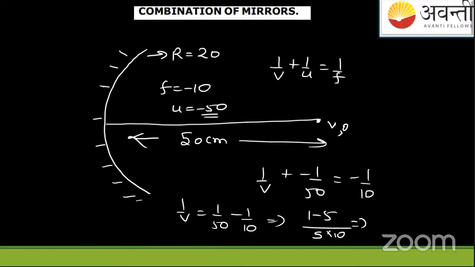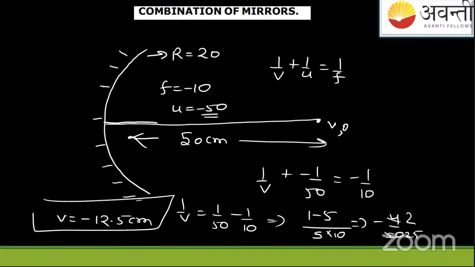You will get minus 4 by 50, so v is minus 12.5. Your answer is minus 12.5 centimeter. The final image will be somewhere here, and this is your perfect answer. I hope you got the solution. V equals to minus 12.5 is the right answer, students.